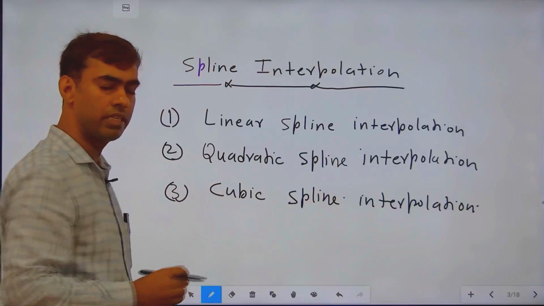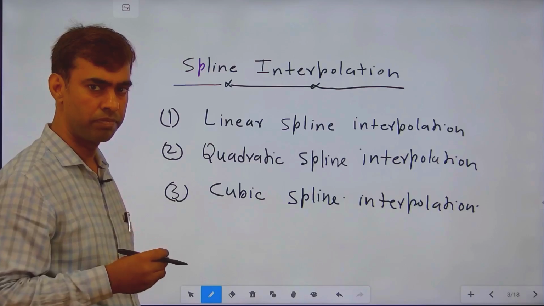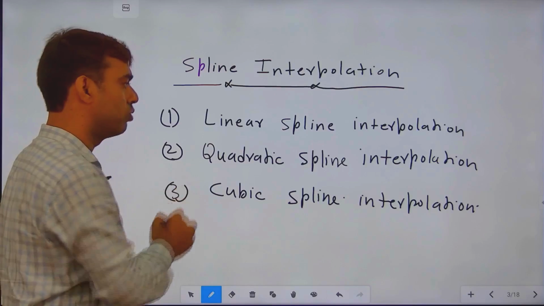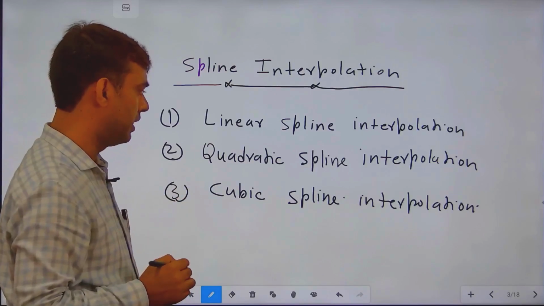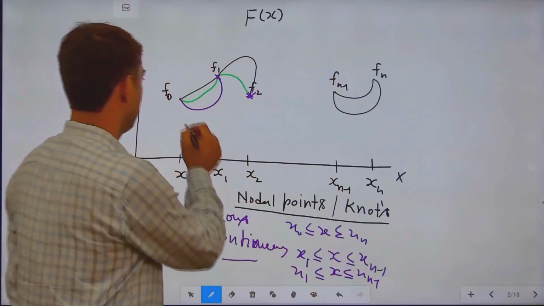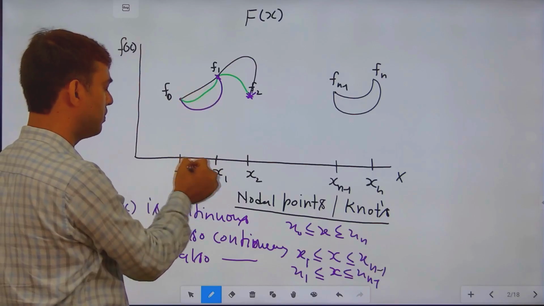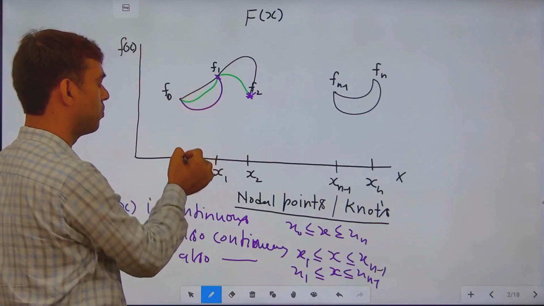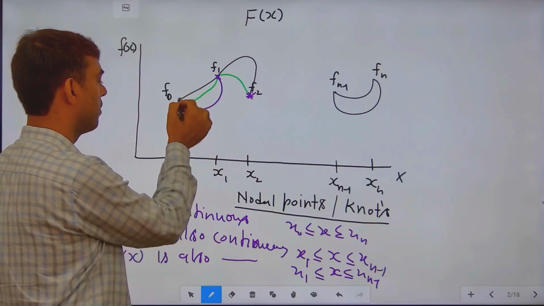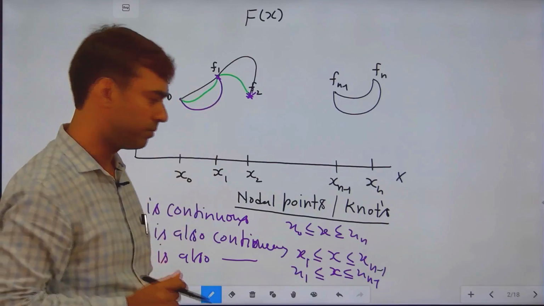And if we fit a cubic polynomial, then we say cubic spline interpolation. Interpolation means we fit a cubic curve between f0 to f1, and then for any unknown values between x0 to x1, we can find the values in terms of a cubic polynomial.